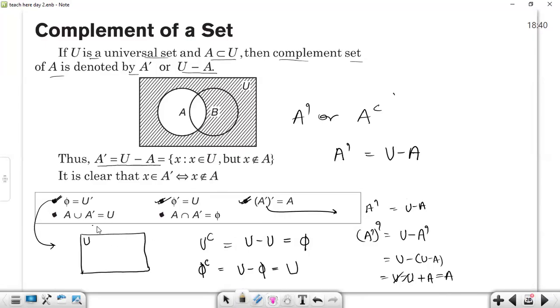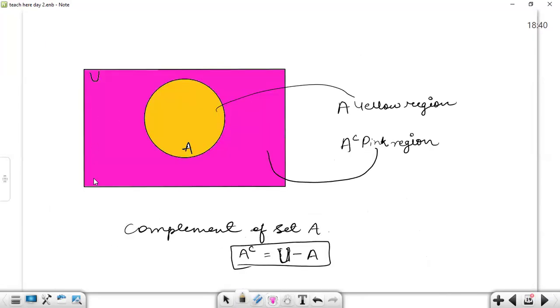So let's understand this point from the previous diagram. The pink region is A complement. The yellow region is A. If we take the union of A and A complement, what is there in totality? If we take A also and the A complement also, we combine both pink and yellow regions. So what is this rectangle representing?